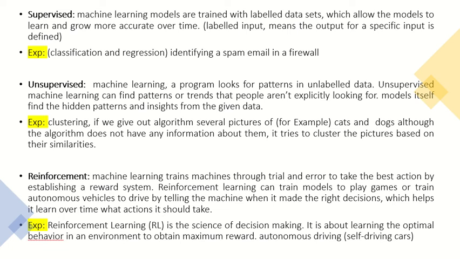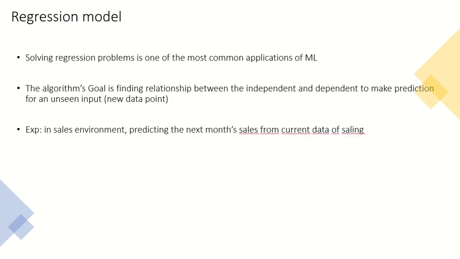The machine should choose the actions which will maximize the rewards gained, and it is helpful and useful, for example, in self-driving cars. Yes, that was about different machine learning models, and that was too brief, but I think it is enough for now about machine learning and its definition.